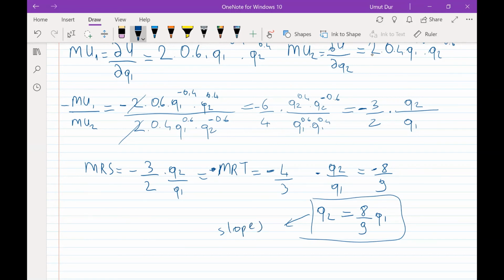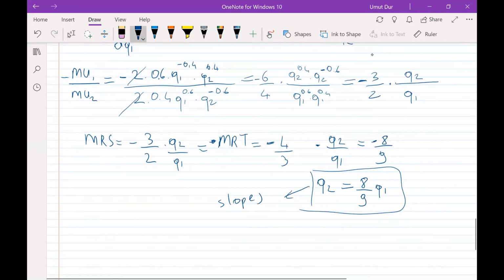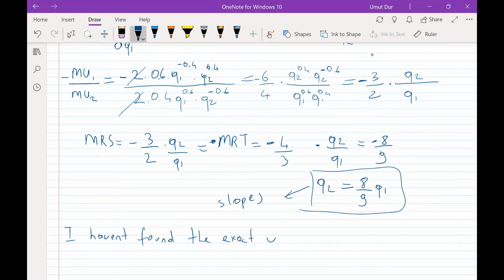But I haven't found the exact values of Q1 and Q2. What I have found is just the relative value of Q2 in terms of Q1.